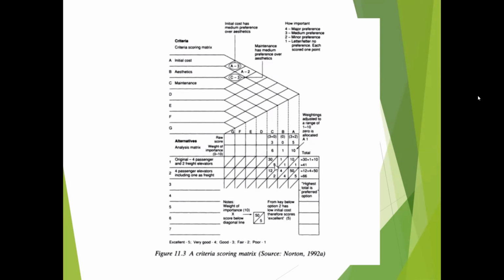So below the diagonal line, you get 5, 1, 1, right? So that is for each of the criteria, that particular system is considered for each of the alternatives.